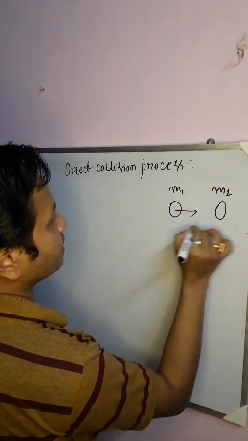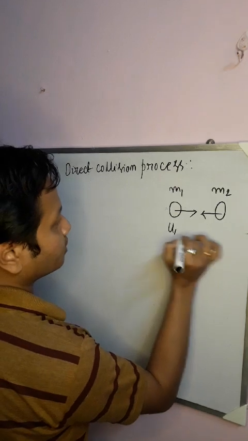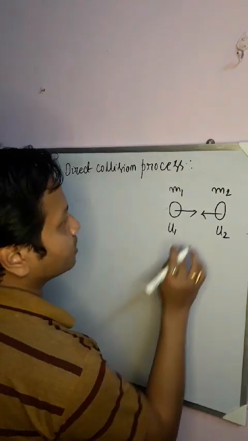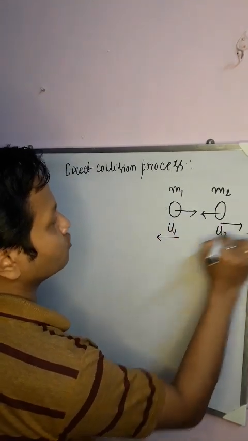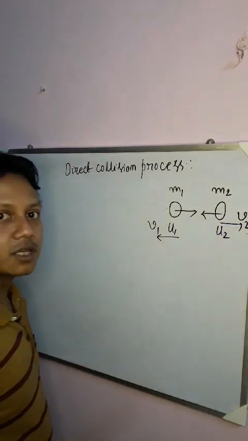This moves in this direction and this moves in the opposite direction. If u1 and u2 are the velocities before collision, and after collision they move in opposite directions, so m1 moves in this direction and m2 moves along this direction, then after collision their velocities are v1 and v2.